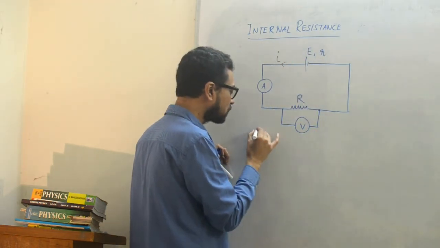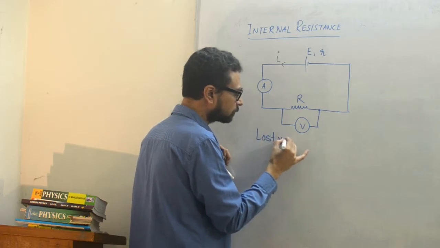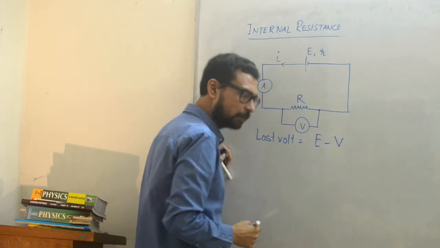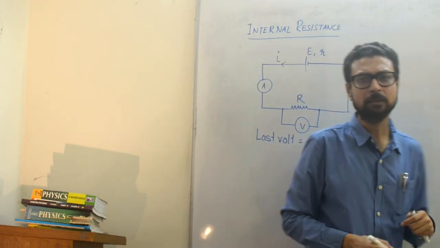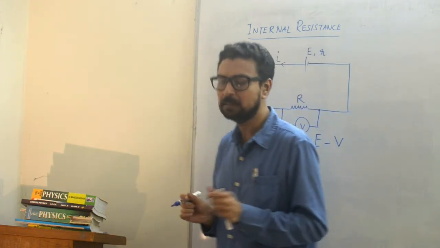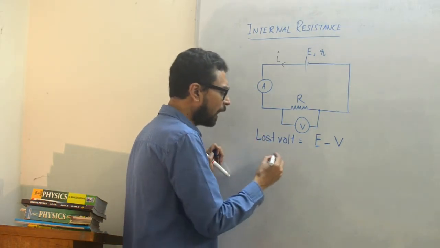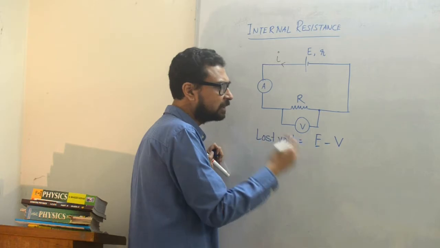Now what is the lost volt? The lost volt is basically the total marked minus the total obtained, and that is the amount of loss that we are incurring.